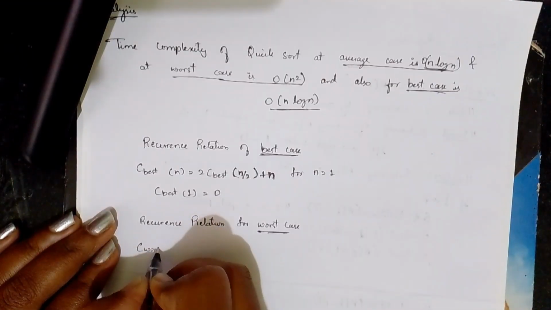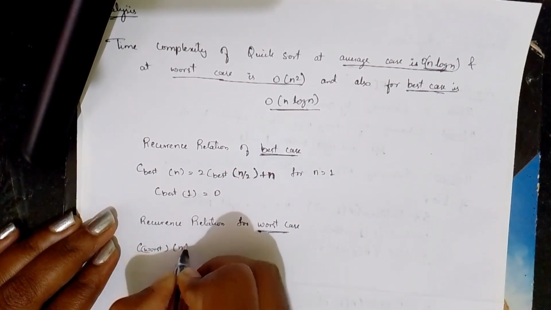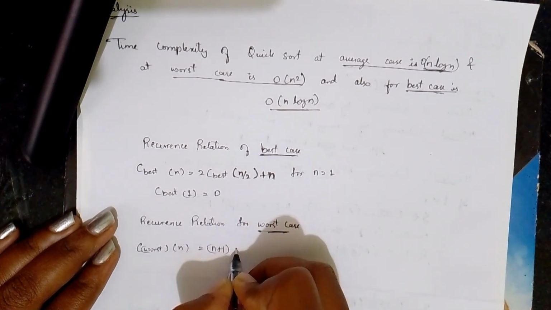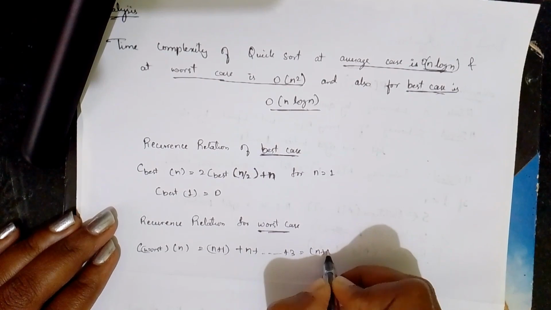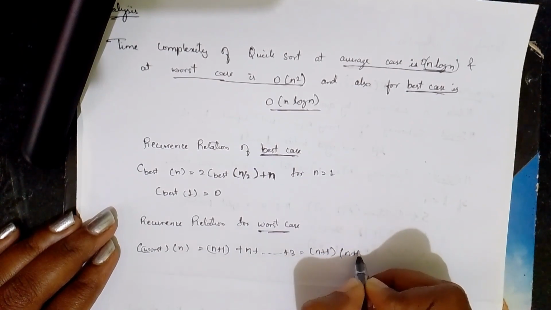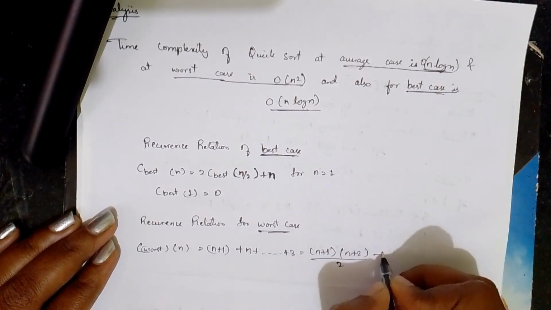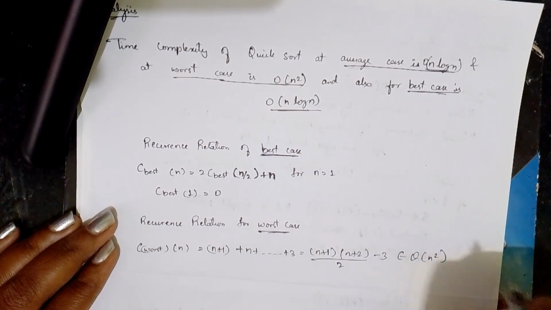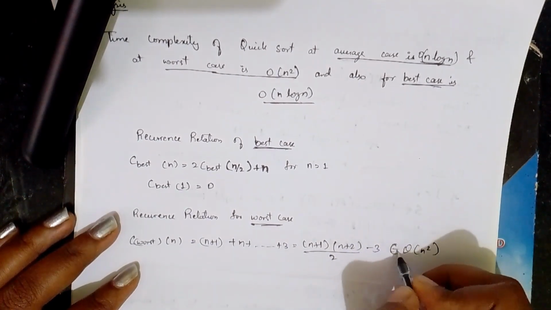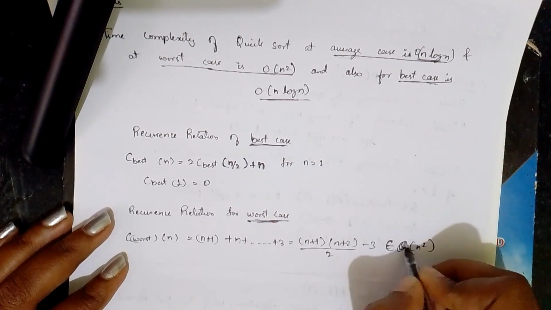C_worst(n) = n + 1 + n - 3, which is order n squared. In the worst case we will get n squared.